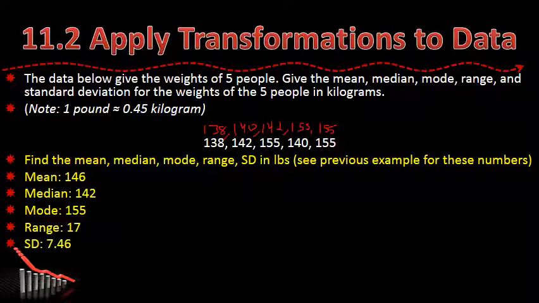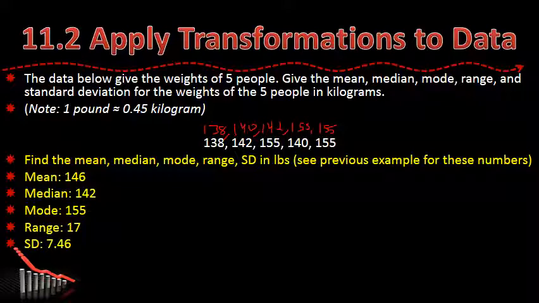The median is this one in the middle, 142. The mode is the one that's there most often, the 155. The range is the greatest minus the smallest, 155 minus 138 is 17, and the standard deviation was found by putting those numbers in my calculator.